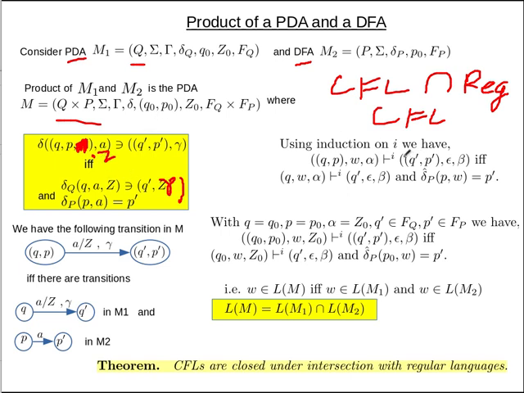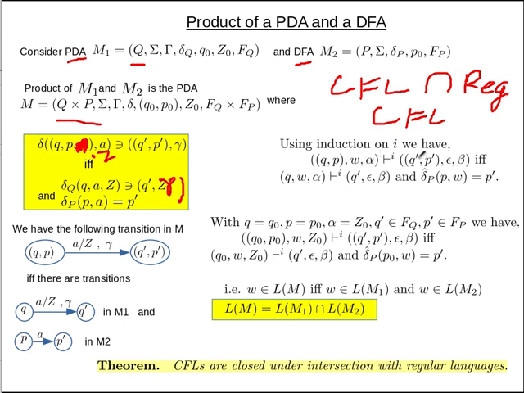So now we can use induction on more than one step, so on i, so that we can show that this happens: you start from some q and p and you process some string w. This can have length more than one, and suppose the stack was alpha.